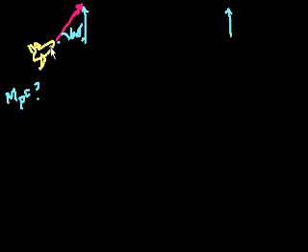If it was pushing more than gravity in the upward direction, then the plane would be accelerating upwards. And likewise, if the upward force was less than gravity, the plane would be decelerating. It would be accelerating downwards.